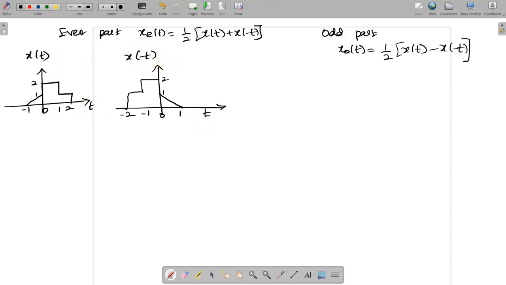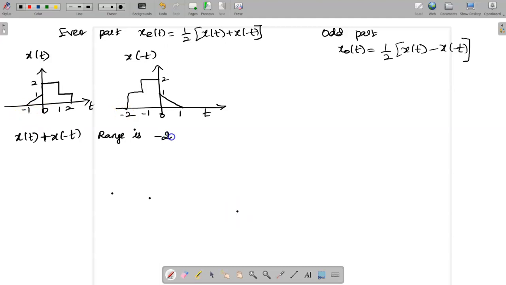Okay, so for finding the even part we have to add these two signals. So let us determine x of t plus x of minus t. Since we are adding the two signals, we need to find out the range of the new signal. Compare the negative values, whichever is lower, from there we have to take the limits, minus 1 or minus 2.